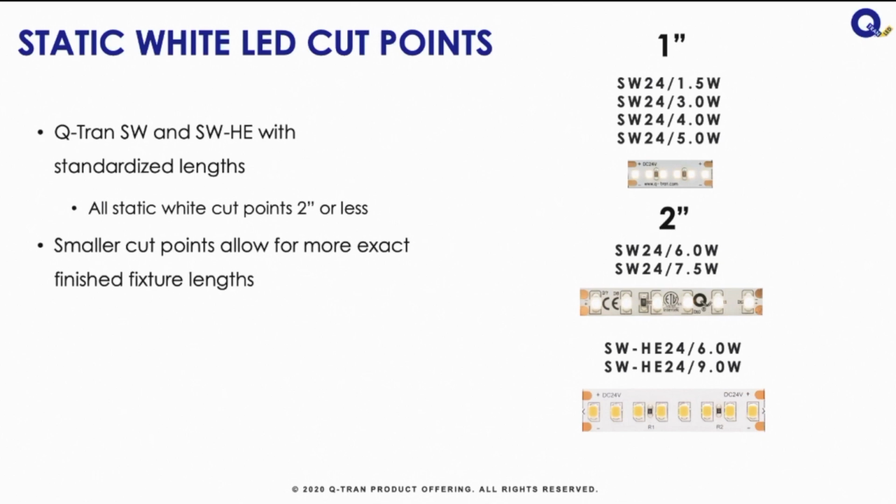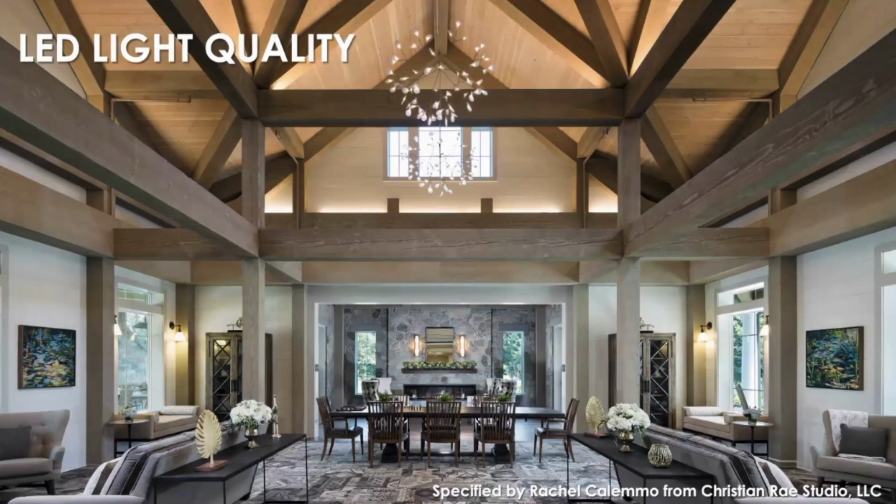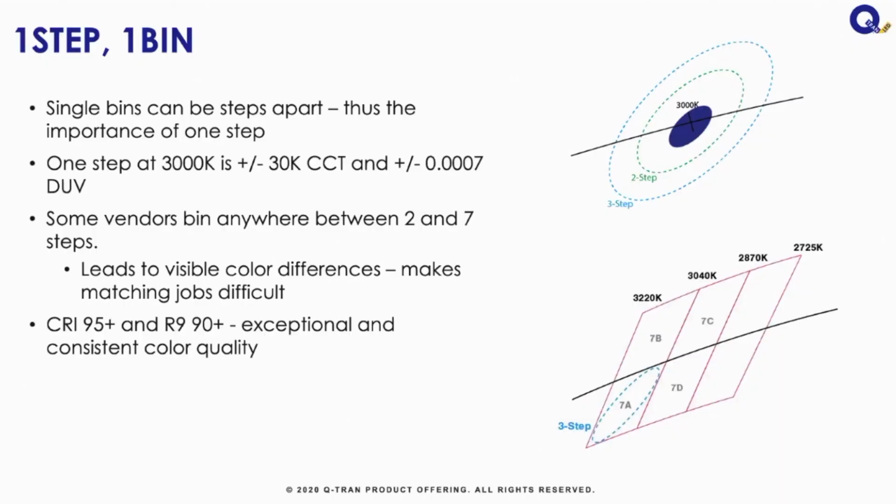So this is a beautiful project here, specified by Christian Ray Studios, to show some of our beautiful static white LED tape. Wanted to talk a little bit about 1 step, 1 bin. If you're looking for the best possible light quality with consistent results for your product, you need to use our 1 step, 1 bin LED strips.